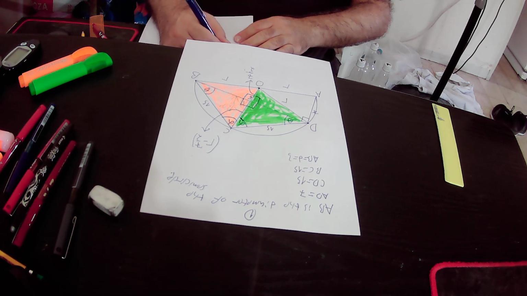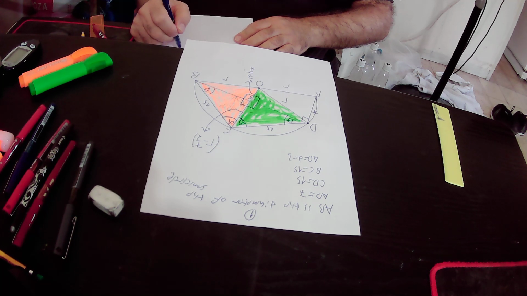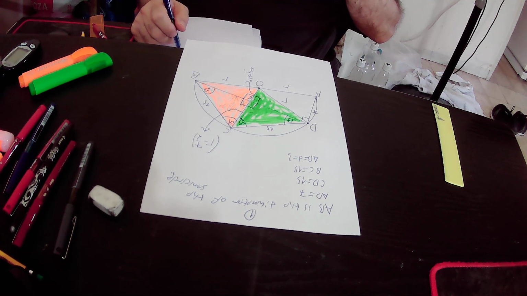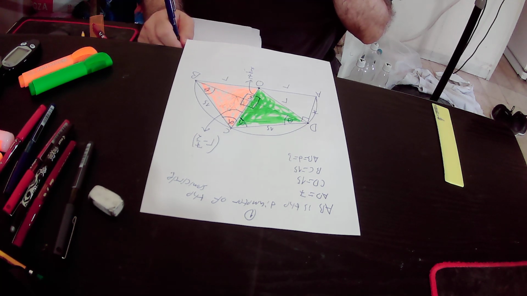And we will get that R square minus 49 over 4 equals 225 minus R square minus 49 over 4 plus 7R.